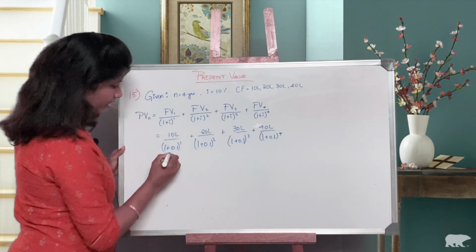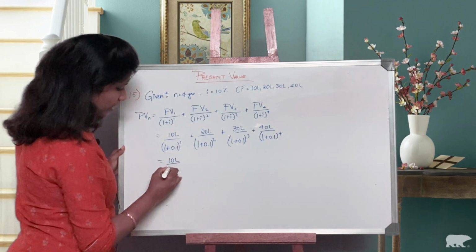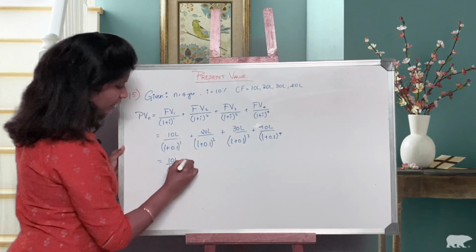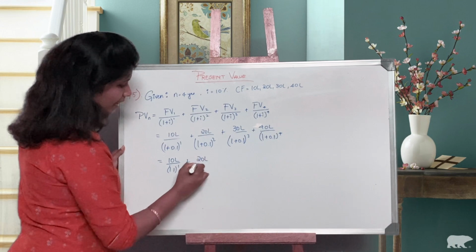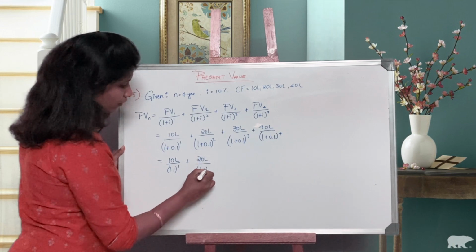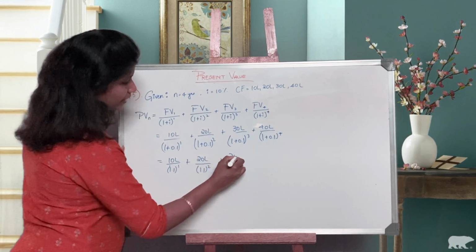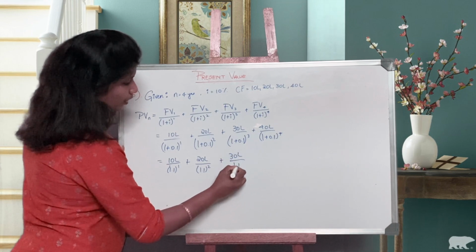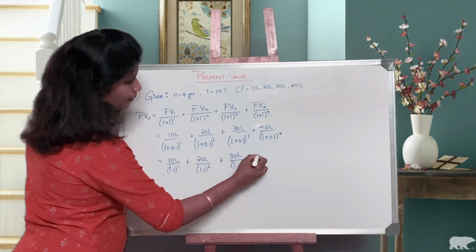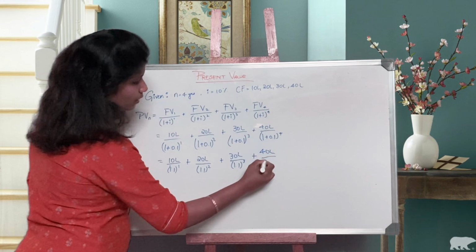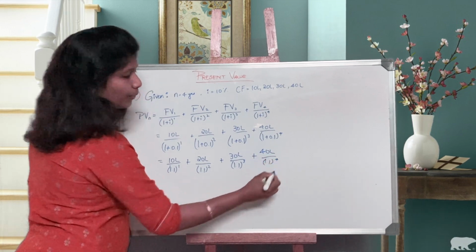So further solving, it's going to be 10 lakh divided by 1.1 to the power of 1, 20 lakh divided by 1.1 to the power of 2, 30 lakh divided by 1.1 to the power of 3, 40 lakh divided by 1.1 to the power of 4.